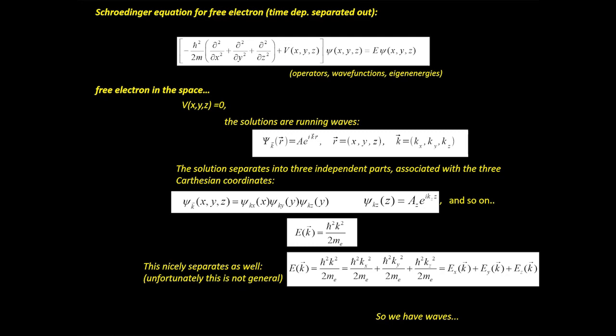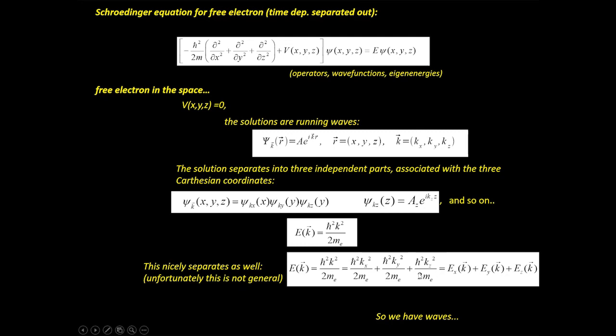Okay, so the electron is a massive particle. You can separate the solution into three independent parts associated with the three Cartesian coordinates. So you can write the wave function here, right? And this wave function is associated with the eigenvalue.